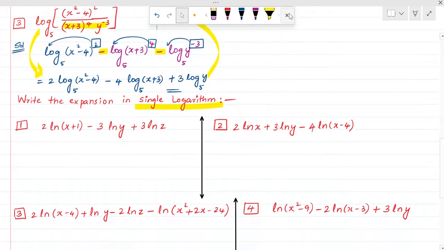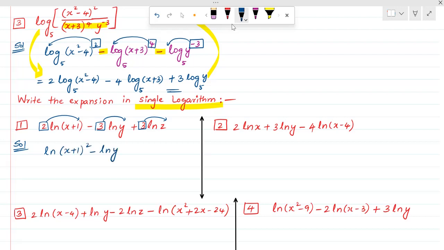How will you do that? It's very simple. The first technique we apply is to raise the power first. I will bring this power here. So what happened here? ln (x plus 1) whole square, y to the power 3, plus ln z power 3. I will write it as one single ln function. After that, I write (x plus 1) whole square.